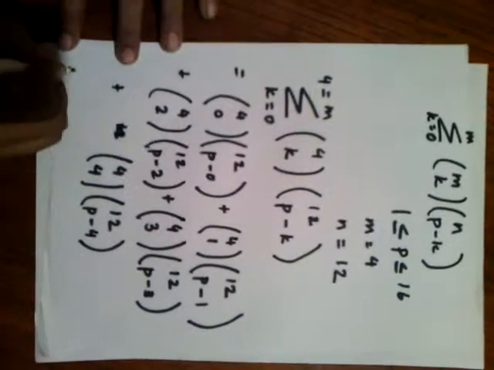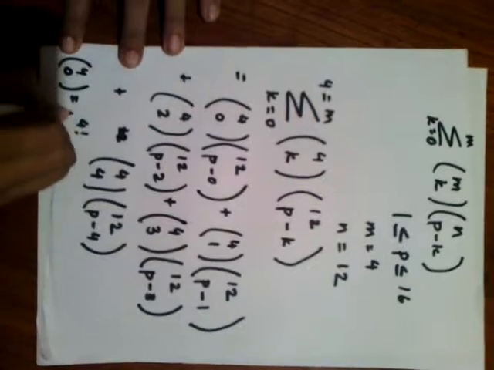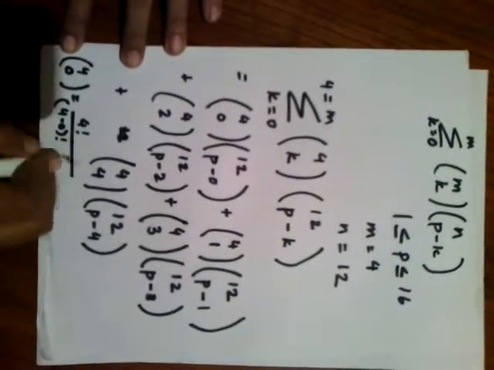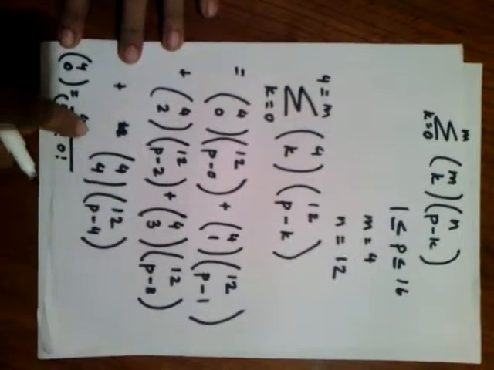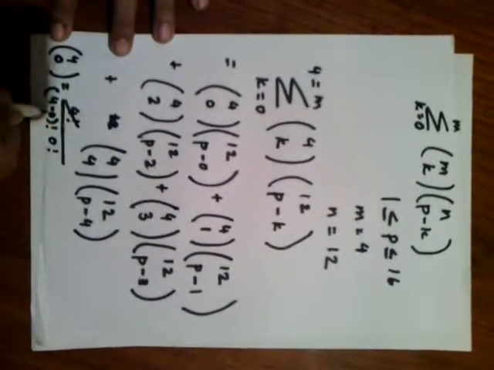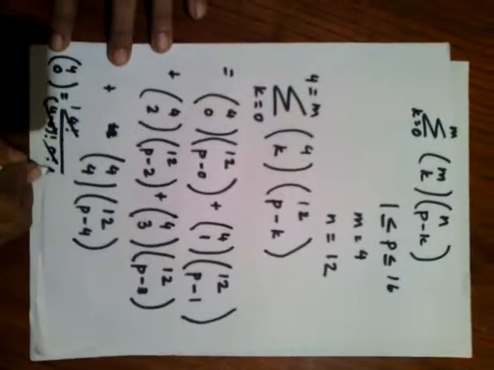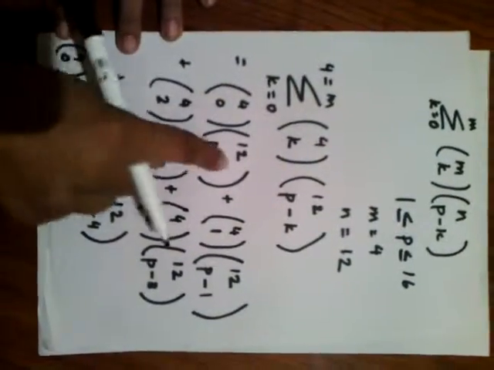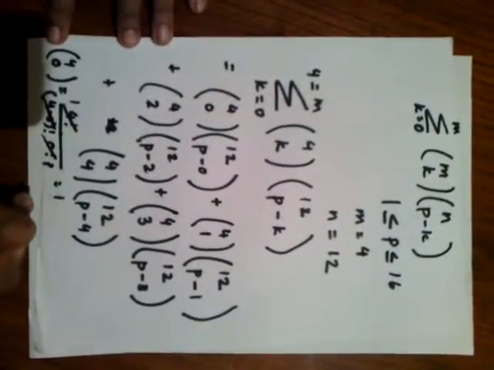Because 4 choose 0 is factorial 4 divided by factorial 4 minus 0, which is factorial 4 again, times factorial 0. And factorial 4 and factorial 4 cancel from the numerator and denominator. So this term and this term give you 1, and factorial 0 is 1 as well. So 1 divided by 1 is just 1. So the first part of the first term and the second part of the first term both give you 1. So this would be 1 if p were to be 12.